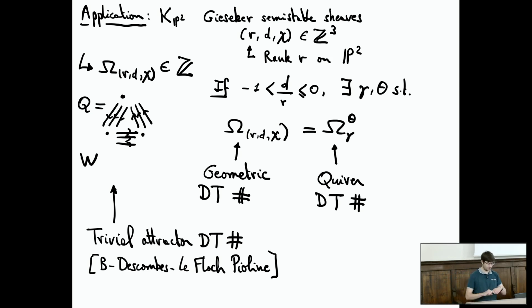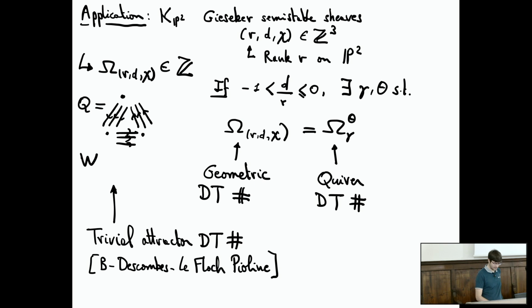In general, if you want a more general story, you will need to know how to match the choice of polarization on the Gieseker side to theta. And maybe this question is not obvious in general. There are different parts of the stability space, so if you go from one to the other, you might cross some walls and get different numbers.